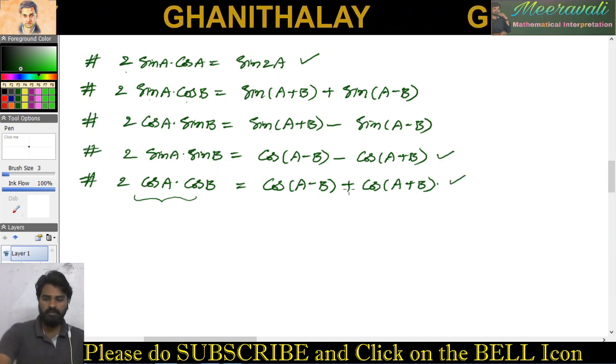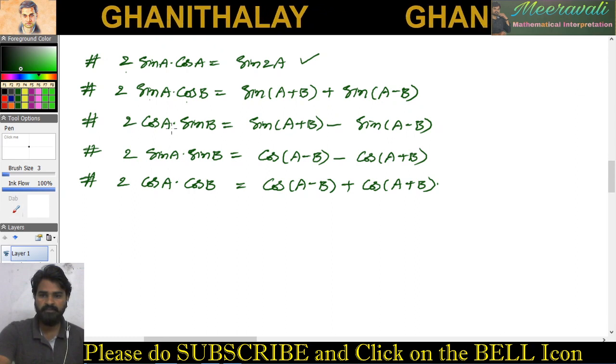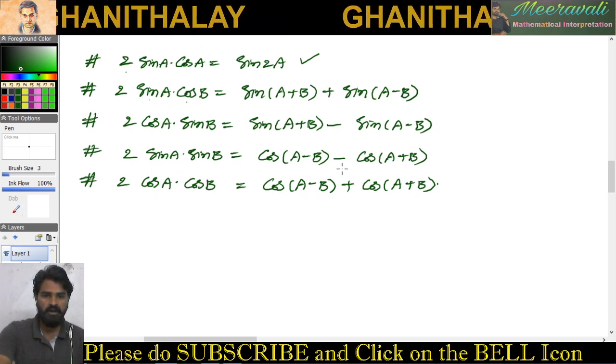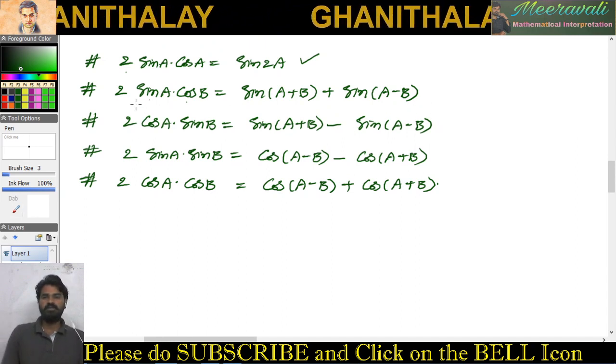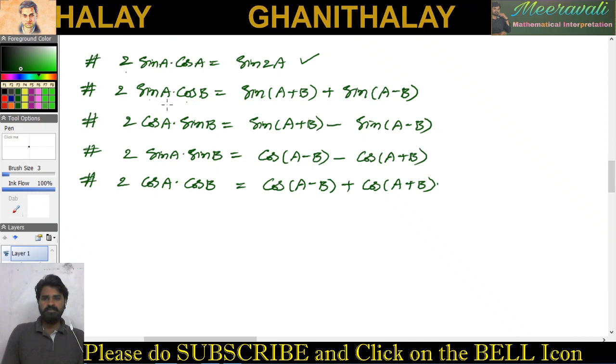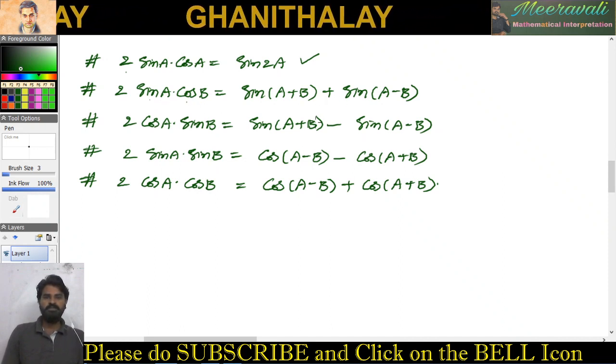Okay, you have to remember this. On the left hand side is the multiplication of trigonometric functions, on the right hand side is summation or subtraction. That means these formulas are useful to change a product into a summation.